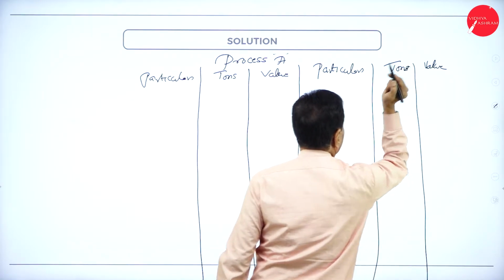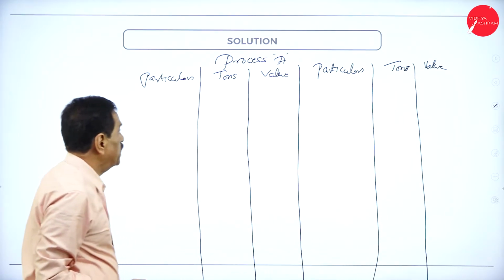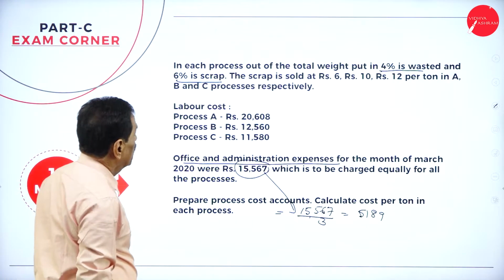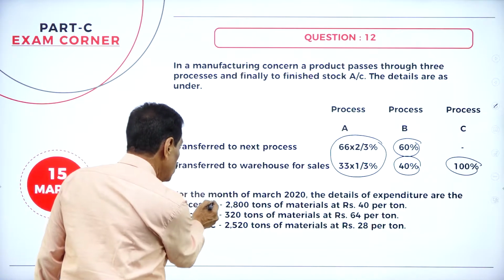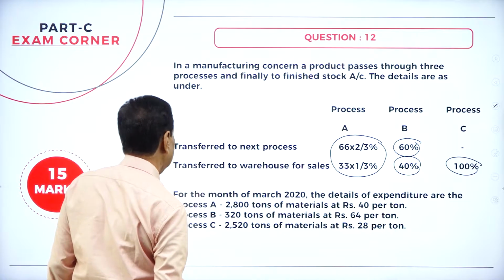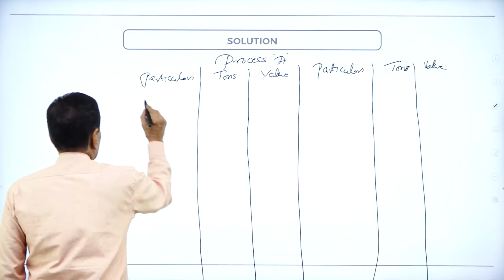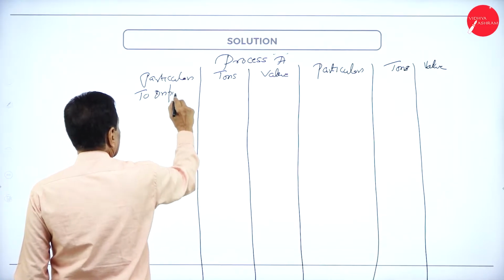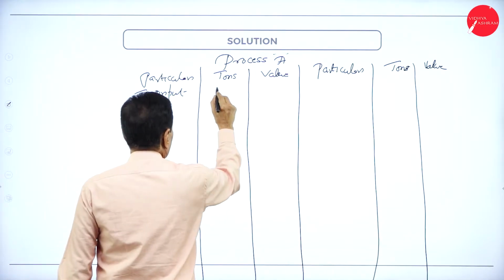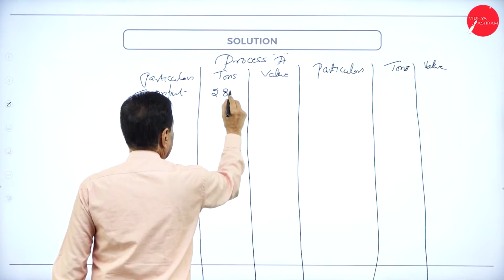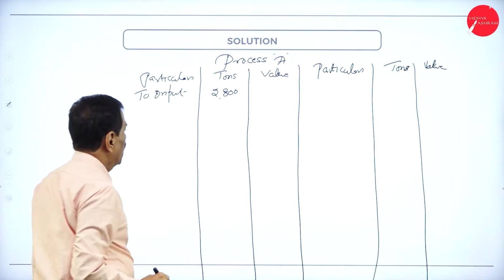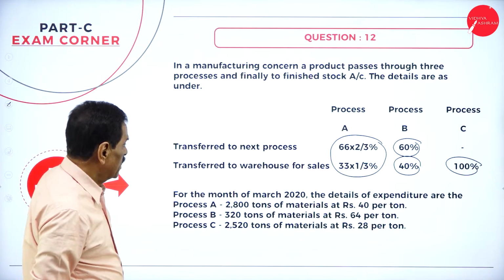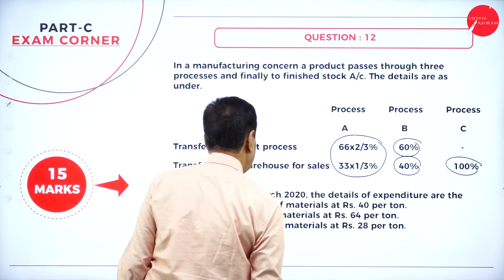How many tons were introduced? 2,800 tons as input, at rupees 40 per ton.